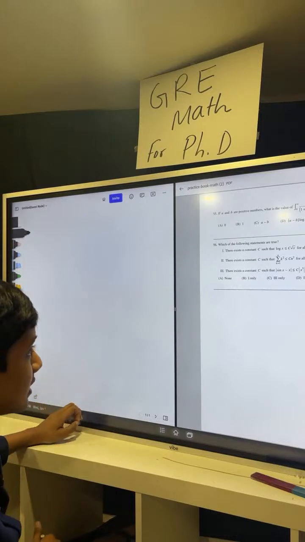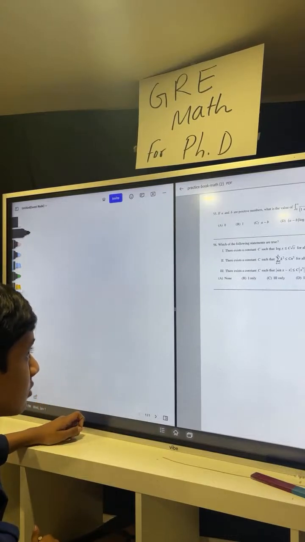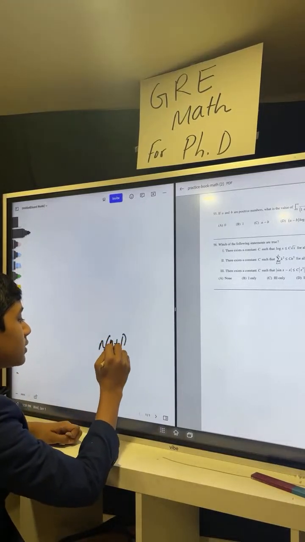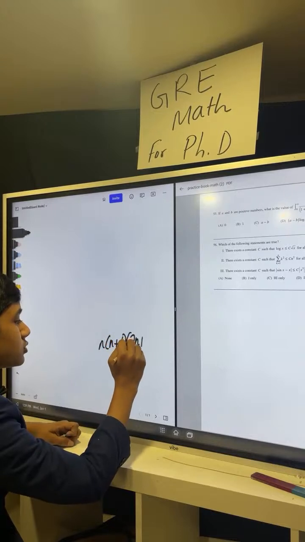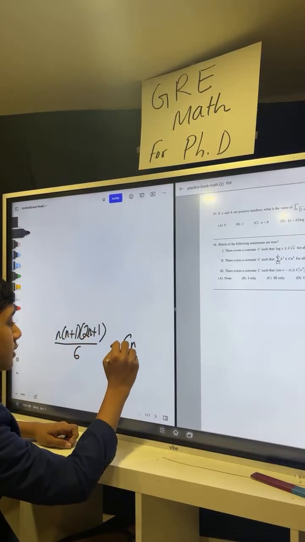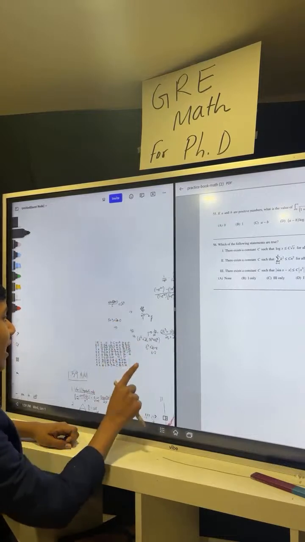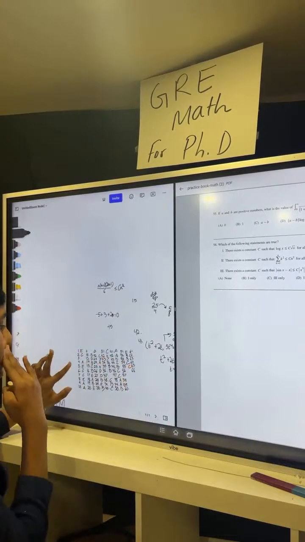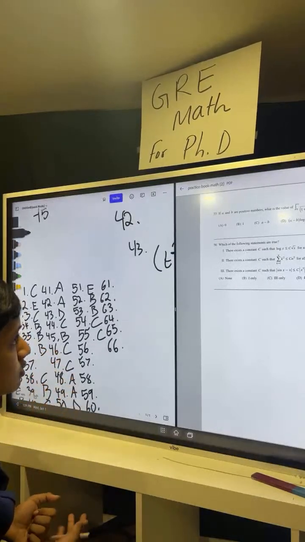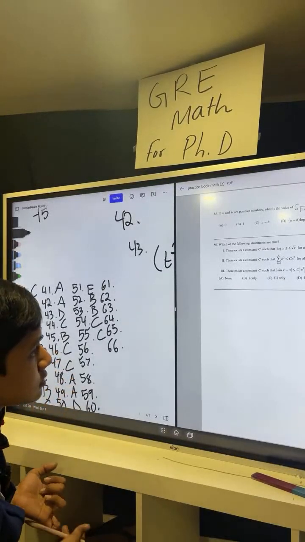Because that right there is equal to n times n plus 1 times 2n plus 1 over 6. And the cubic function will always outgrow a square function. 2 is false.